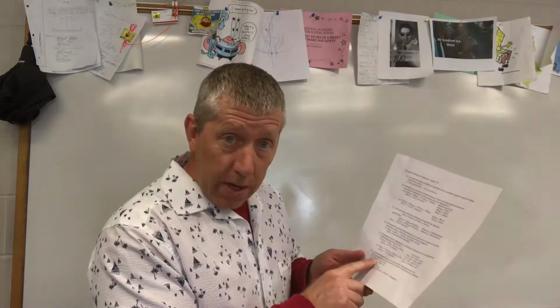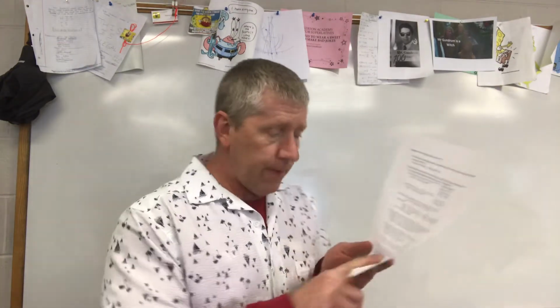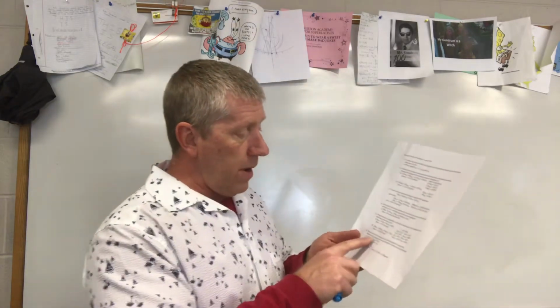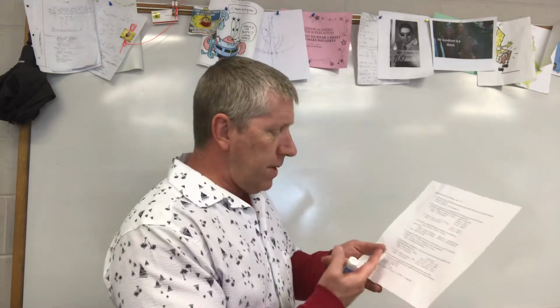PCl3 liquid plus Cl2 gas makes PCl5 solid. So we've got the phosphorus trichloride and some chlorine gas going to make phosphorus pentachloride. Is that going to increase or decrease entropy? How do you know? Well, you went from a liquid and a gas.